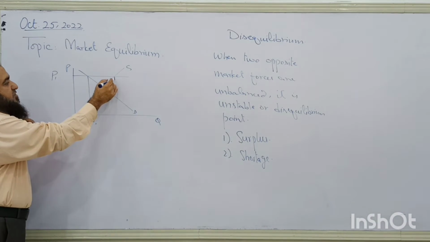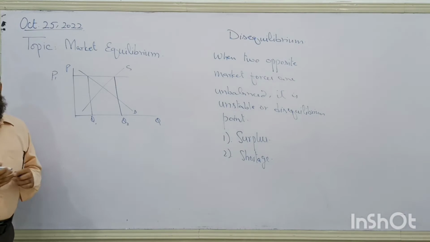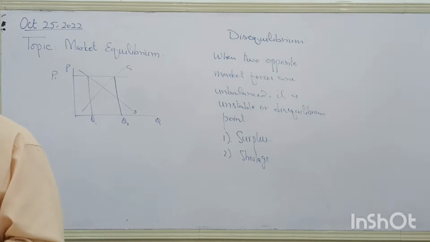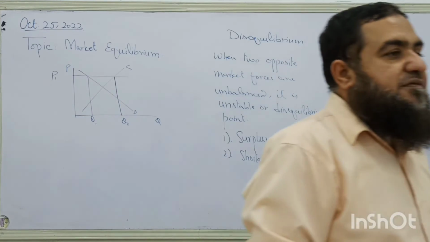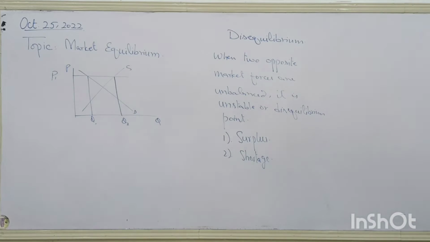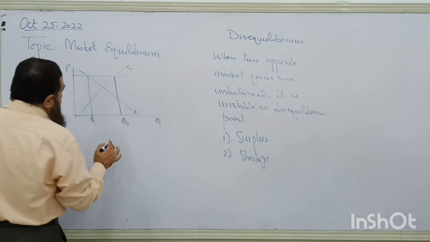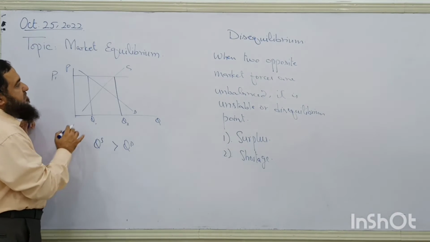So what happens? The sellers' aim is to have more supply, because when prices are increasing, the seller's motivation is that he wants to sell as much as he has. Whereas consumers want to buy less of the goods which are present at higher prices. So here we see the quantity supplied is greater than the quantity demanded.